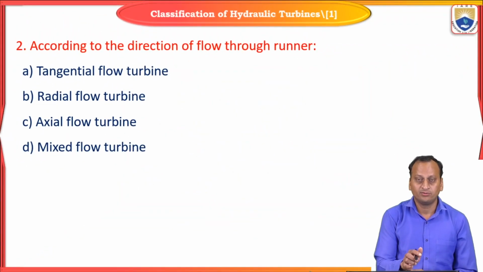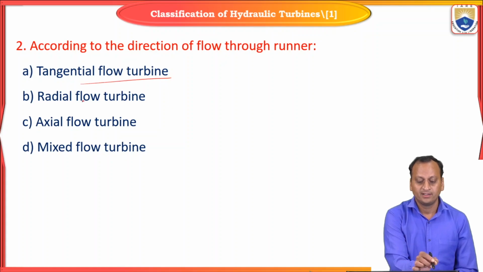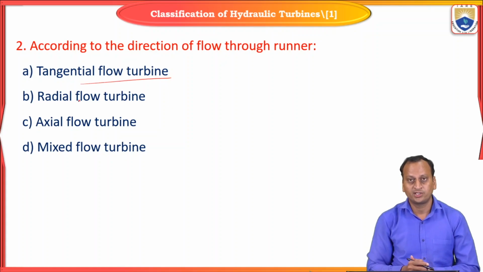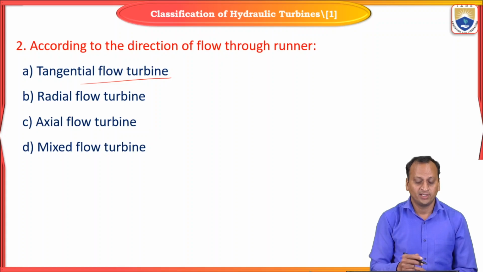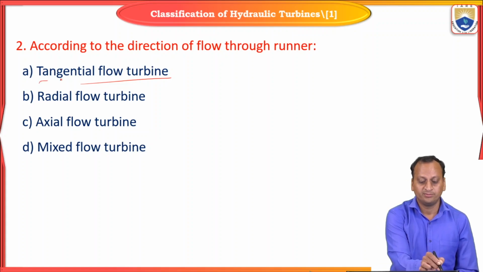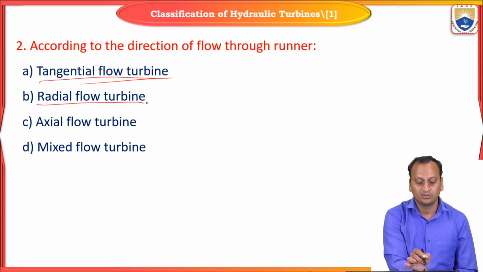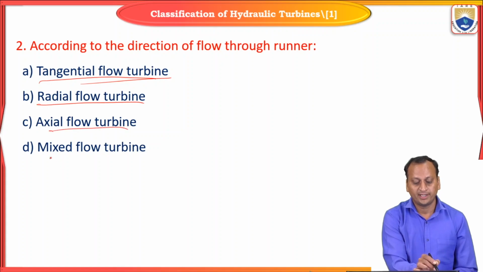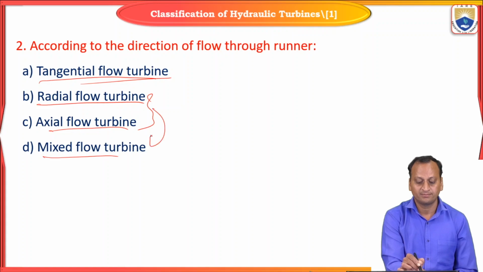According to the direction, there will be tangential flow, radial flow, axial flow, and mixed flow. Tangential flow is what we discuss in the Pelton wheel turbine. The mixed flow is a combination of radial and axial.